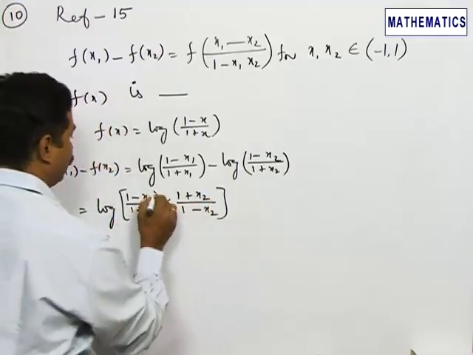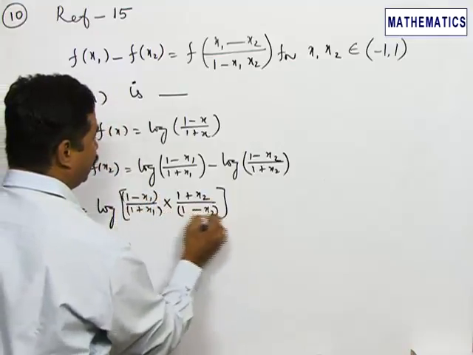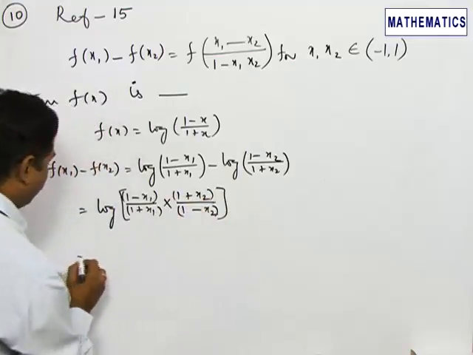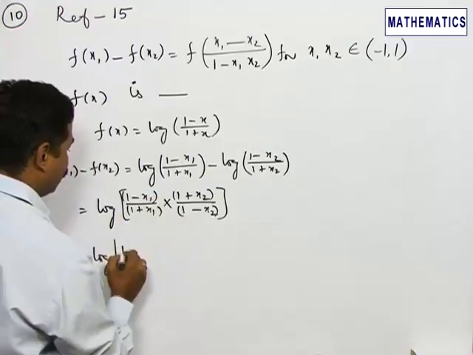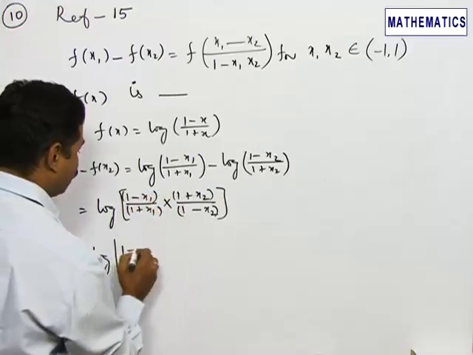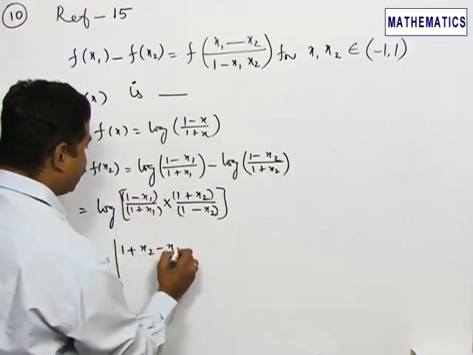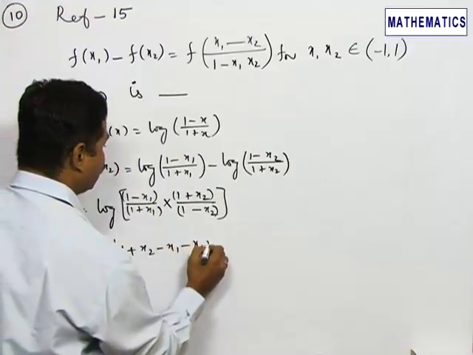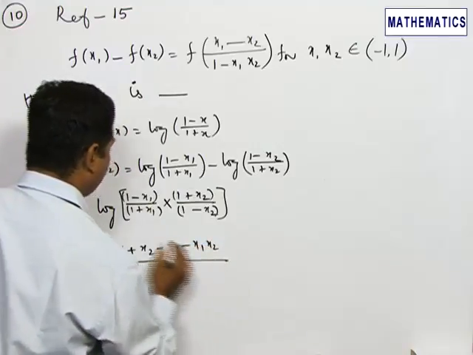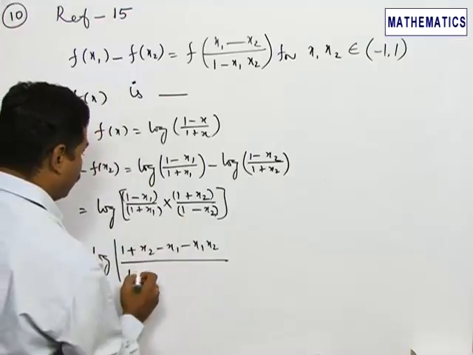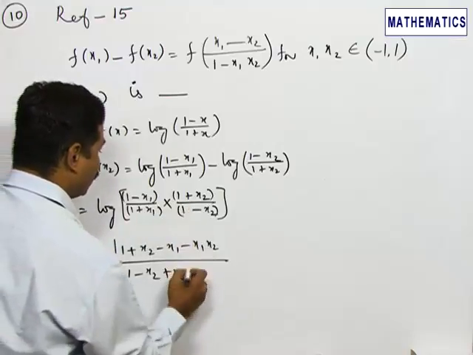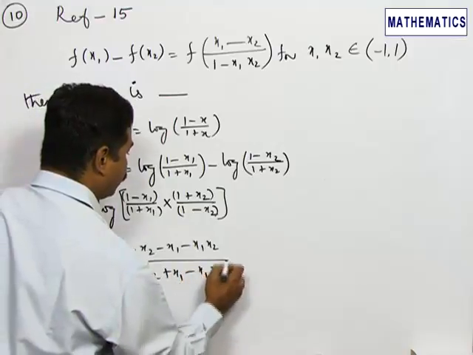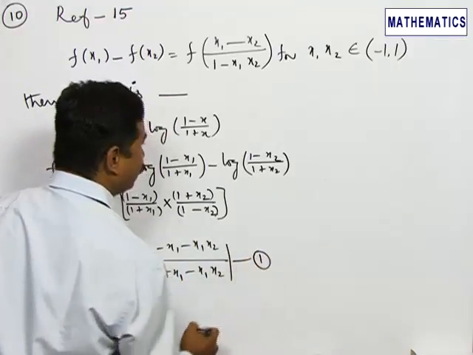So when I multiply the numerator as well as the denominator, we can write log of, in the numerator, 1 into 1 is 1, then plus x2 minus x1 minus x1 x2. In the denominator we will have 1 minus x2 plus x1, then minus x1 x2. Let us call this result as 1.